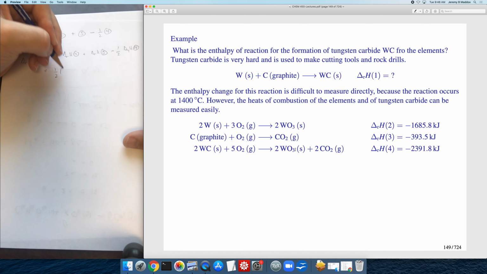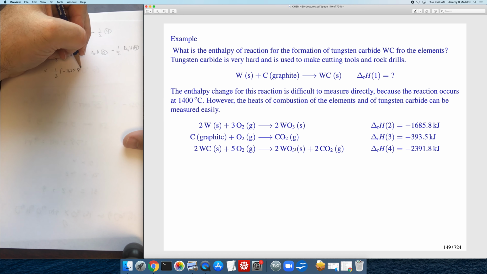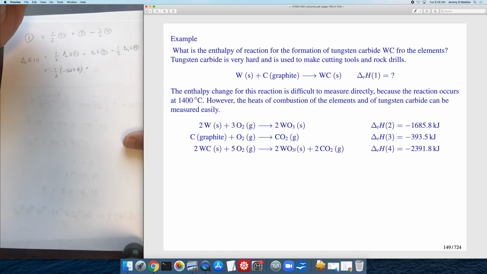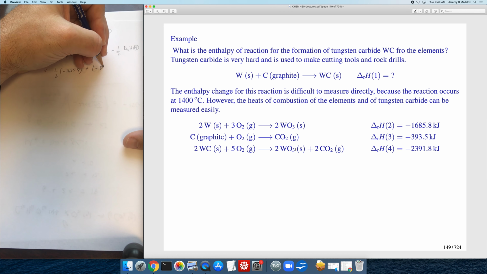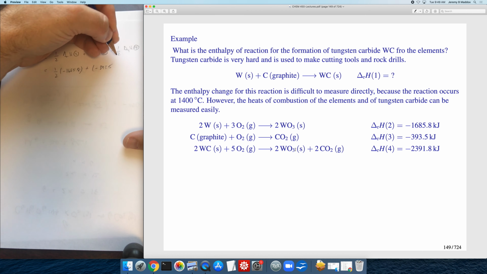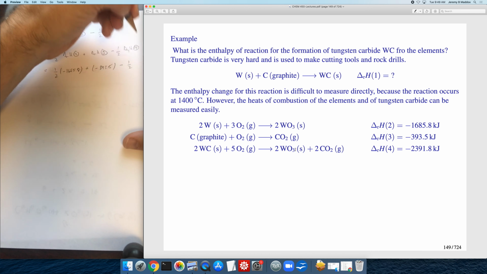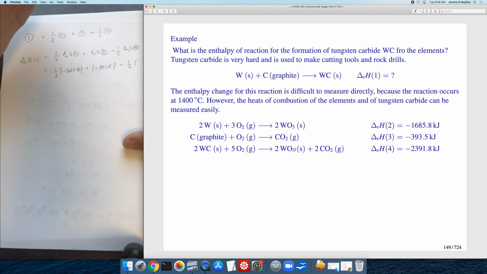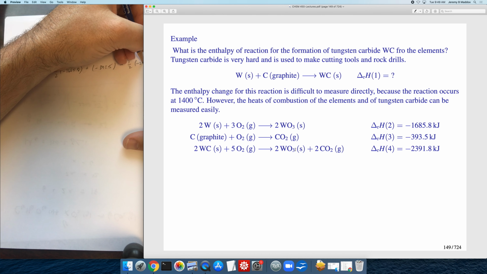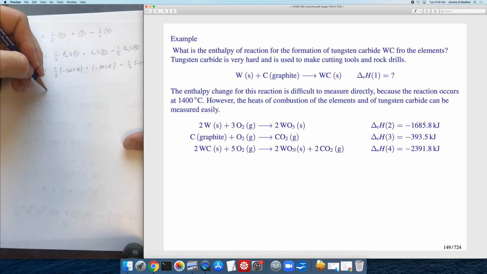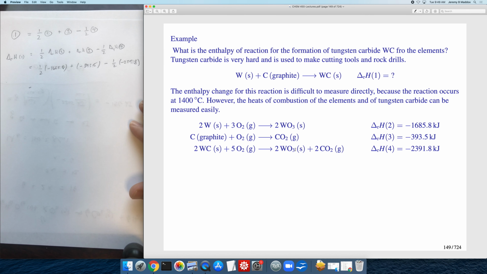So 1/2 times negative 1685.8, plus negative 393.5, so that should give me the correct answer.